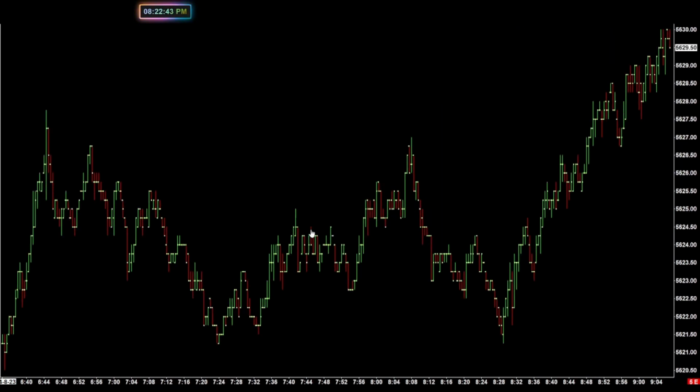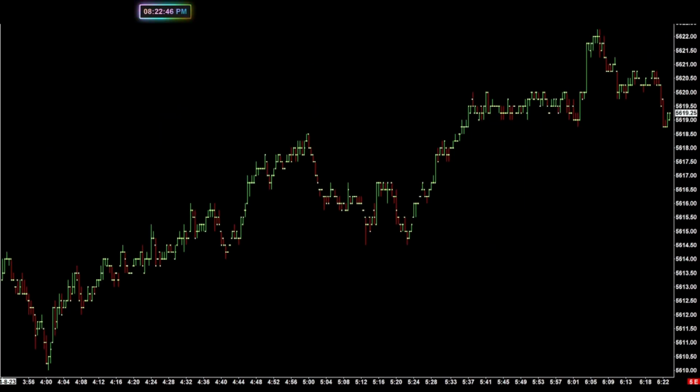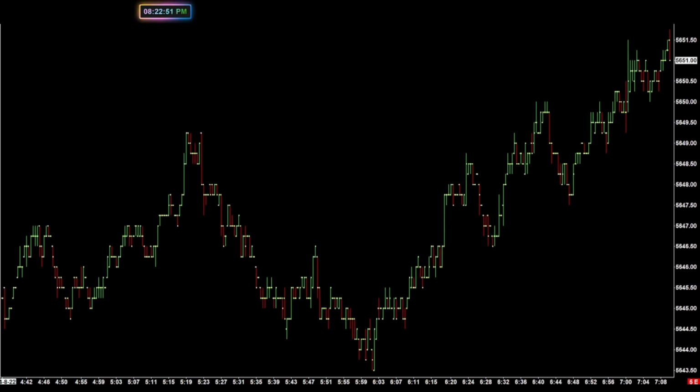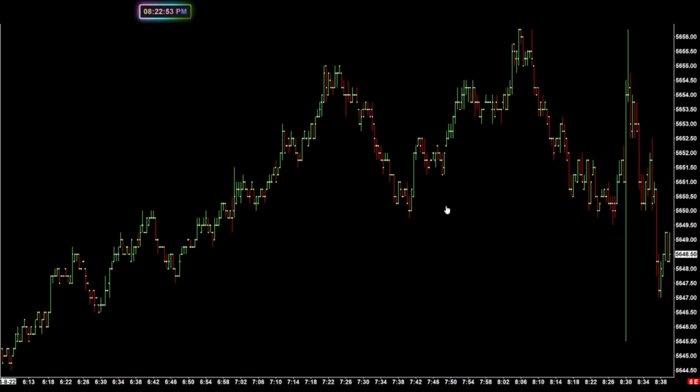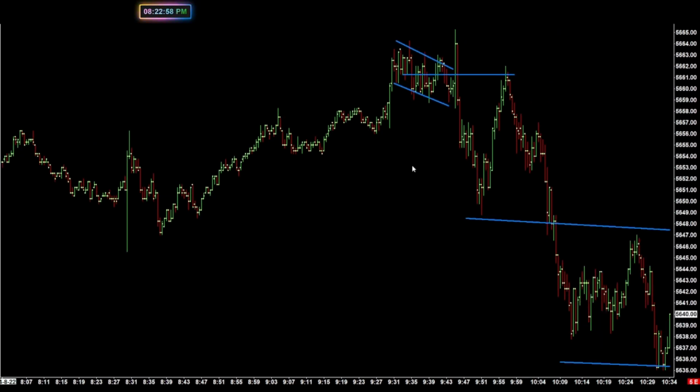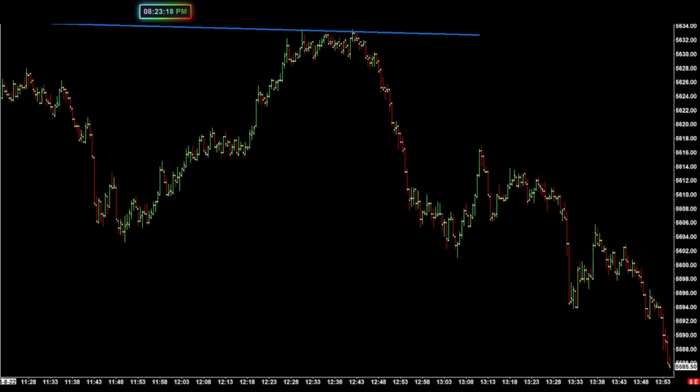Oh wait, no, I want to go to the 22nd. Okay, cool. Yeah, so if we were to have broken above this point at any time, and then made a lower high above this area, I would get out. So it wouldn't be a huge loss, maybe a couple $100. That's fine with me.